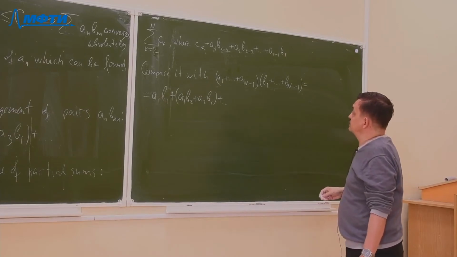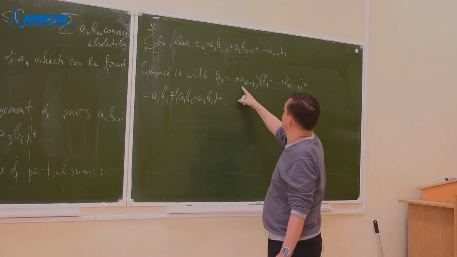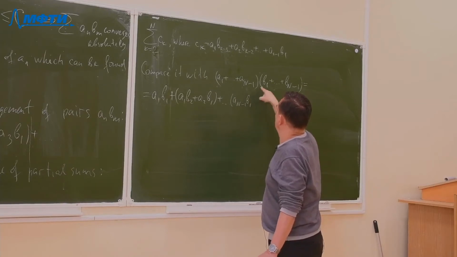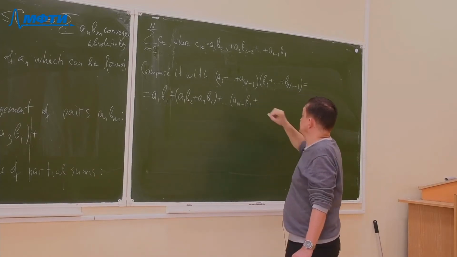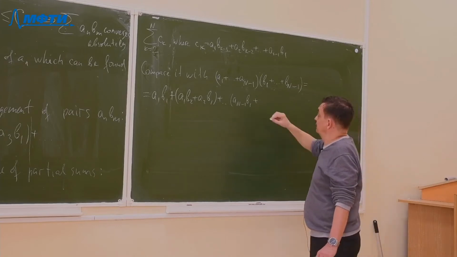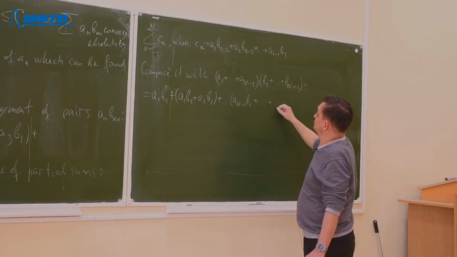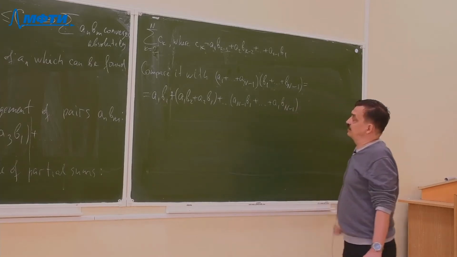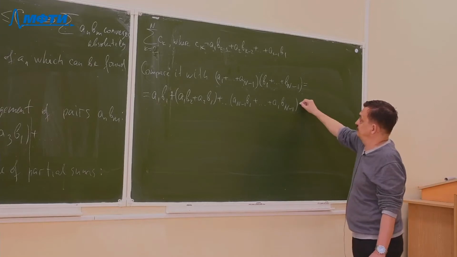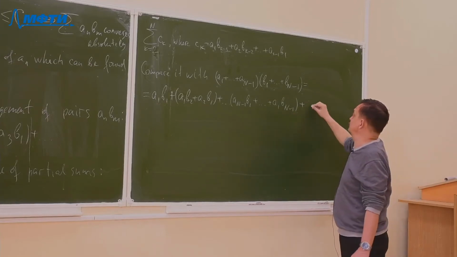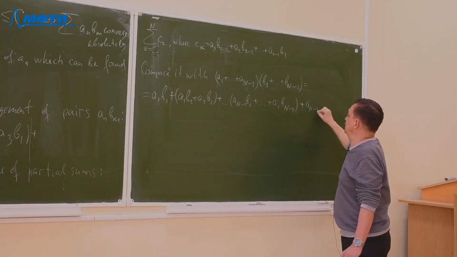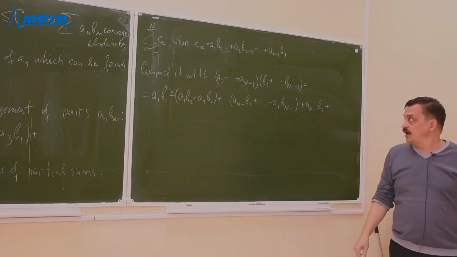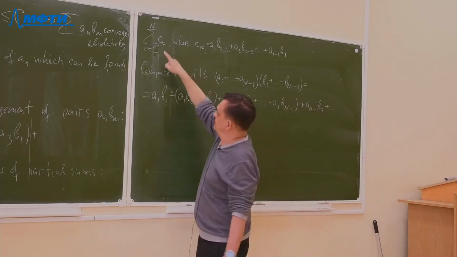Why? Because, look, for example, we have A(N-1) B1 plus, so the very last B(N-1) is considered, but after that I have extra terms like A(N-1) B2 and so on, which are not included into this sum, right?